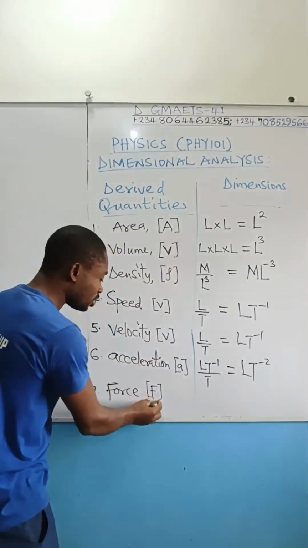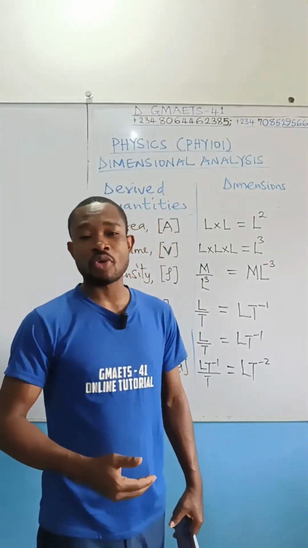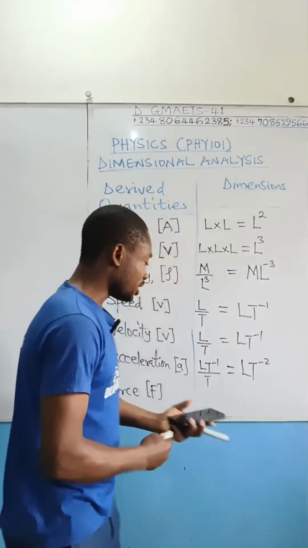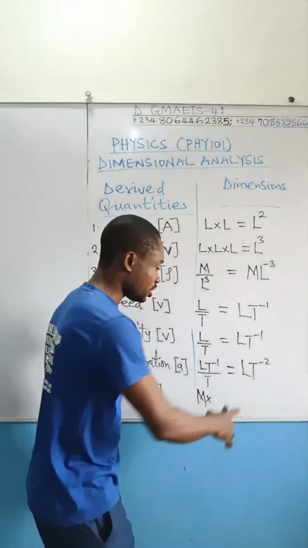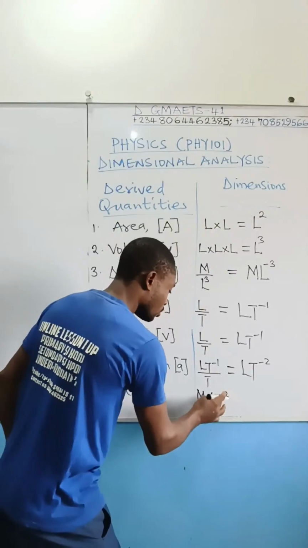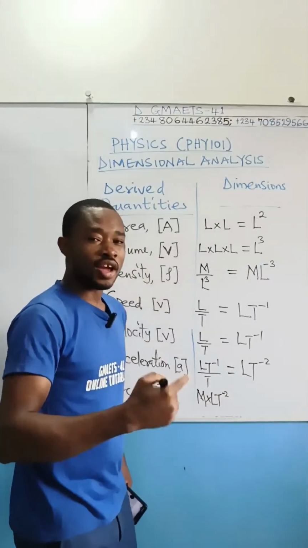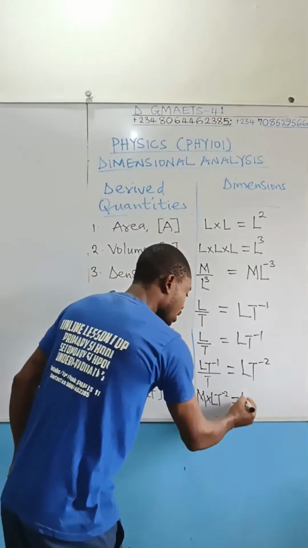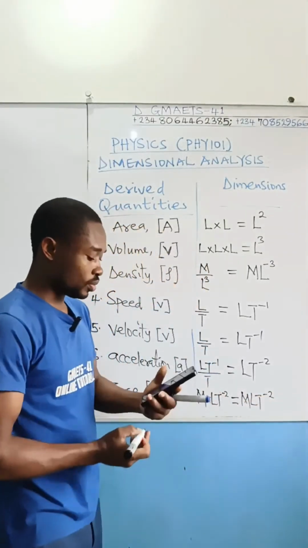Therefore, the dimension of force is the dimension of mass times the dimension of acceleration. What is the dimension of mass? M. Times, what is the dimension of acceleration? LT to the power of minus 2. Therefore, the dimension of force will simply be M L T to the power of minus 2.